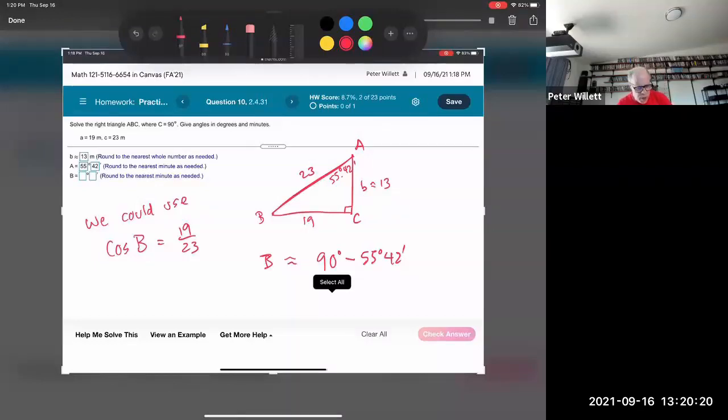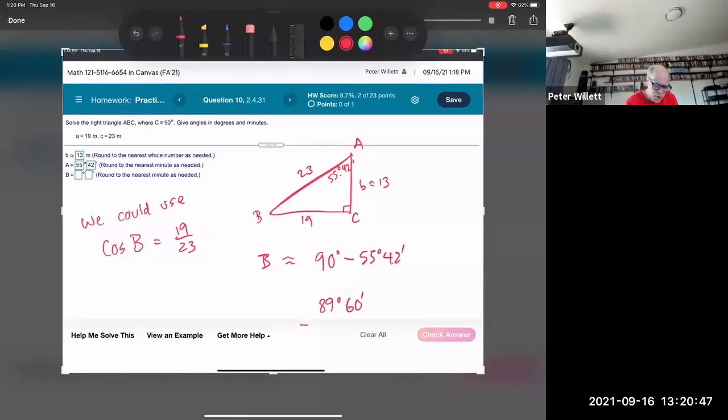All right, so if I do that out of 90, what would we get? 35, but then it's 34 and what, 18 minutes left over? So this is 89 degrees and 60 minutes, which is 90 degrees. I'm turning one of the degrees into 60 minutes so I can make change, kind of like making change for $1 or borrowing.